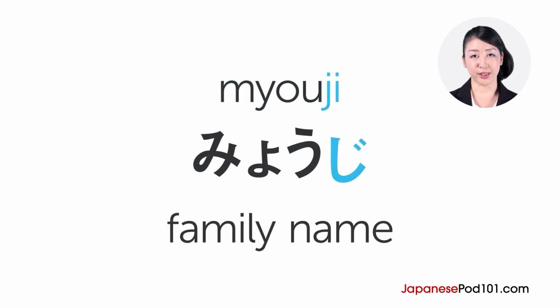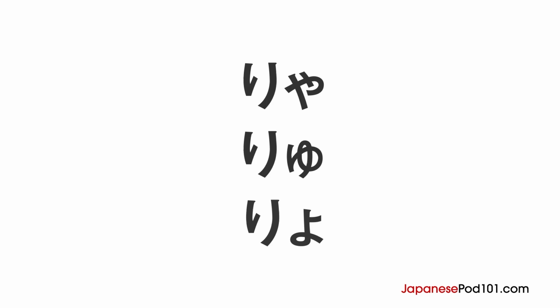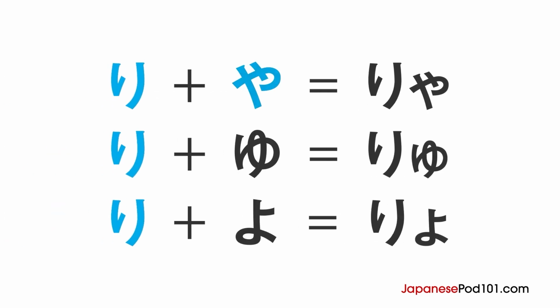The next one is りゃ、りゅ、りょ. り combined with や、ゆ、よ makes the merged sounds りゃ、りゅ、りょ.